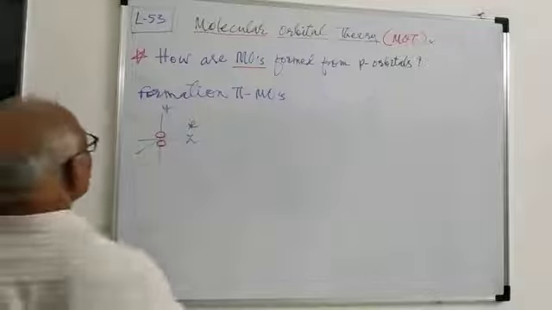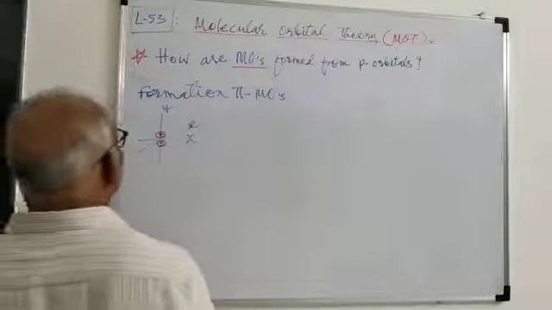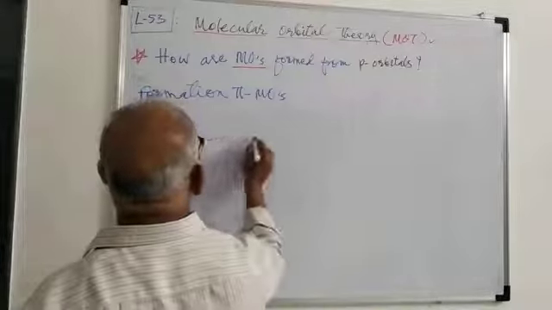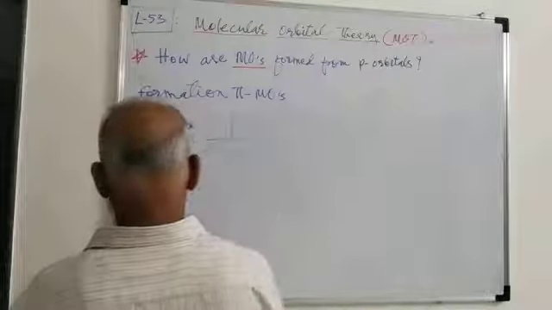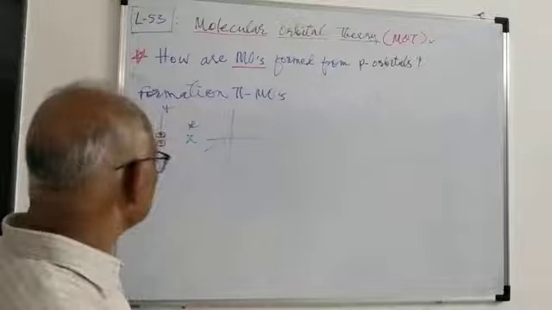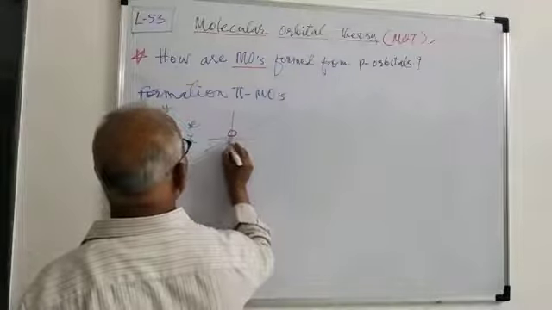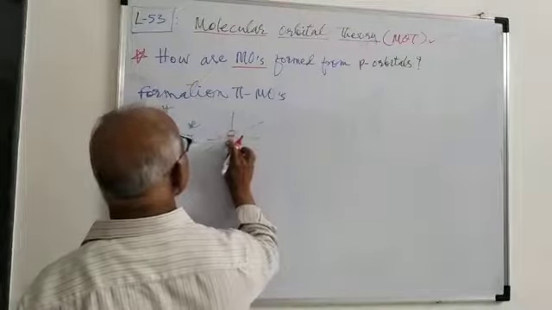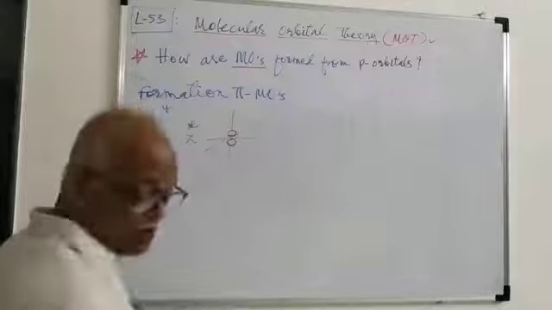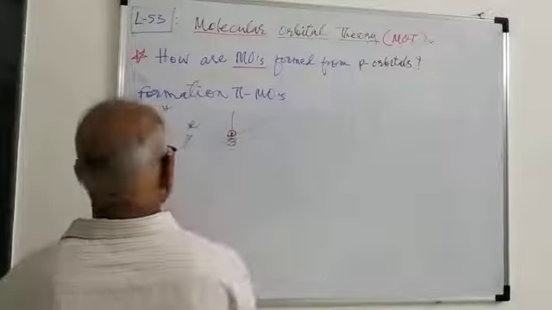So we can show the signs of wave functions like this. Similarly, we also have the lobes in this way, and the lobes of these atomic orbitals are lying in this way. So it will show the signs of wave functions like this, plus and minus.